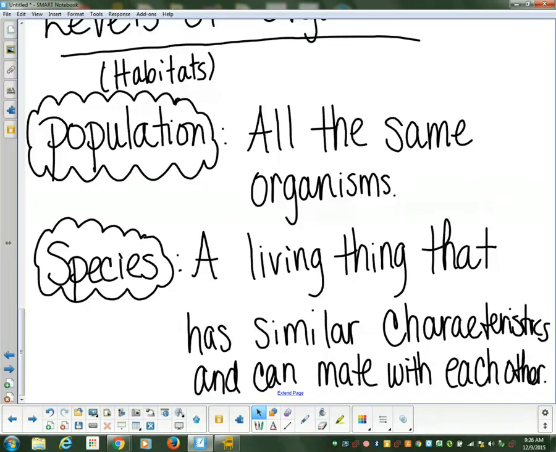So a species, think of it this way: it's all of the same type of organism that's able to reproduce with one another.